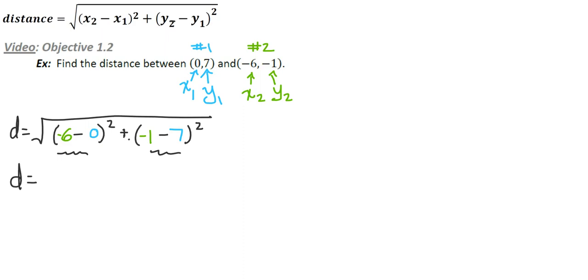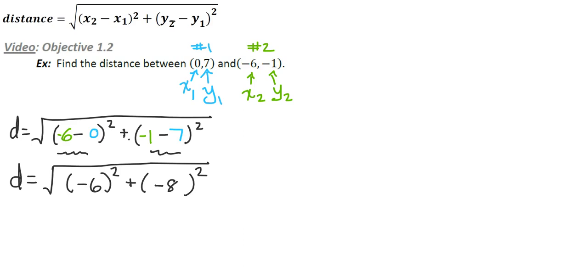We just simplify carefully. So we've got -6 minus 0 is -6. That will get squared. And next we have -1 minus 7, which is -8, and that will get squared.